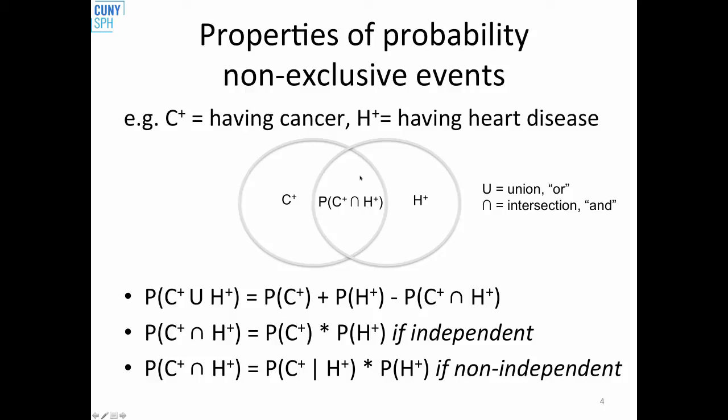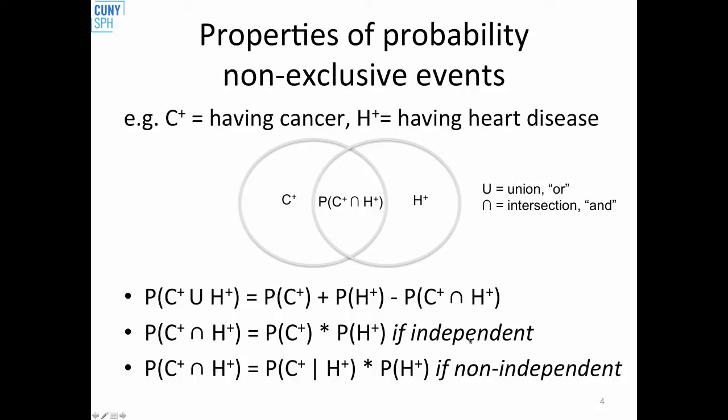And if these are independent events, then that intersection probability is equal to the product of both events. So the probability of having cancer and heart disease would be equal to the probability of having cancer times the probability of having heart disease, and that is if they're independent.